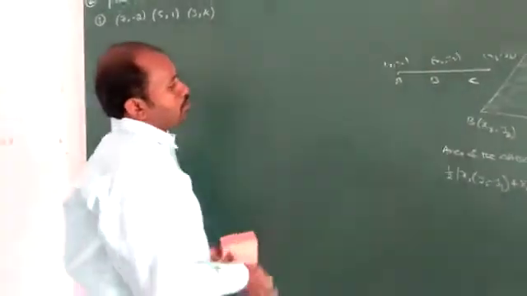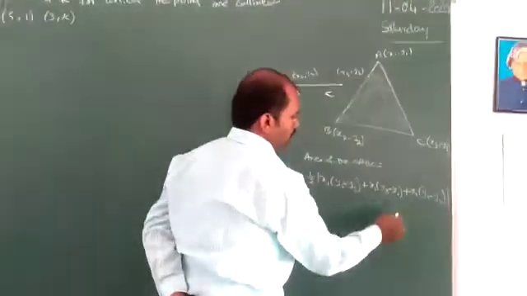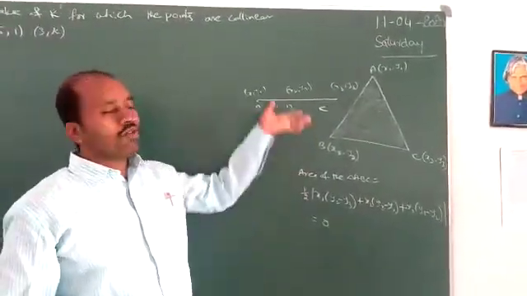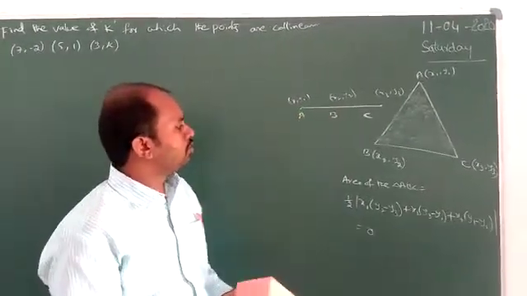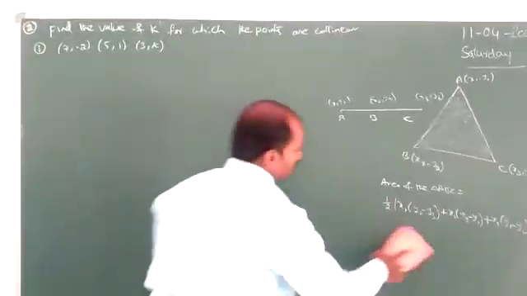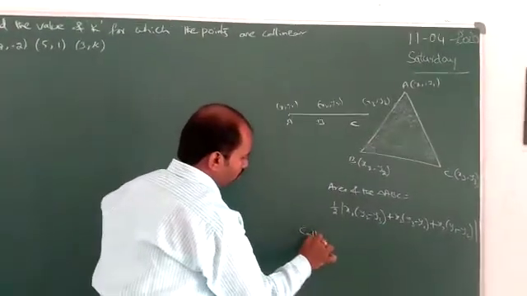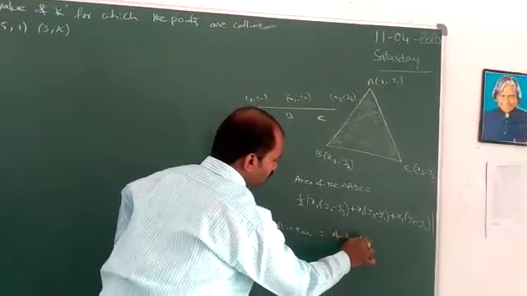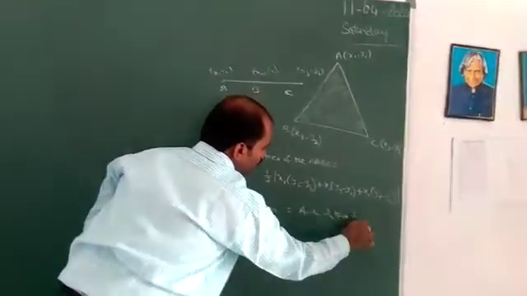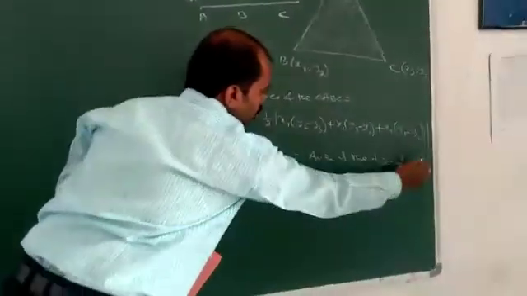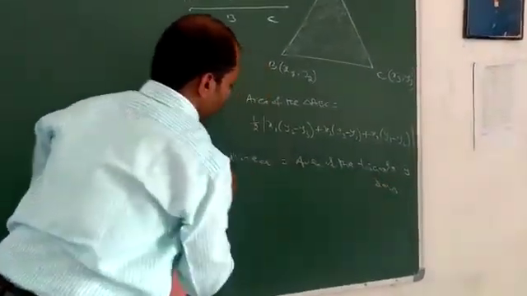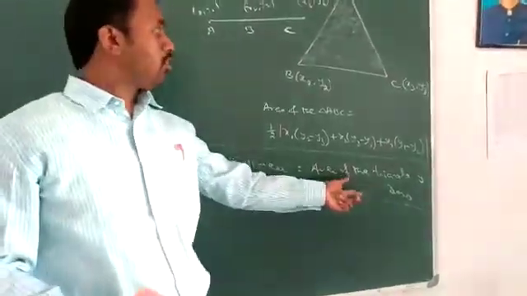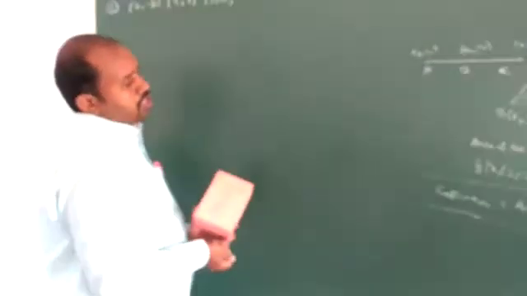If the area of triangle ABC is 0, then the given points are collinear. That is the main concept. If 3 points are collinear, then the area of the triangle is 0. This is the main concept.